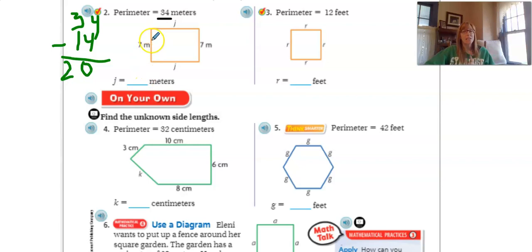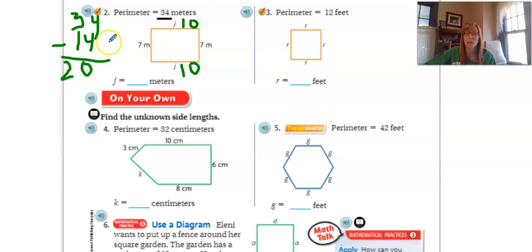Now, it's asking for J. This is J and this is J. So there are 2 lines that we need to split the remainder of 20 between. So this J would be 10, and this J would be 10 because you have to equally divide.